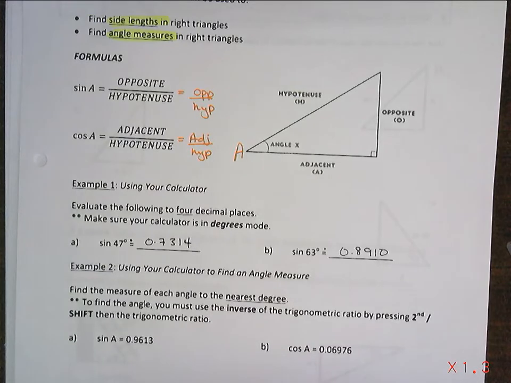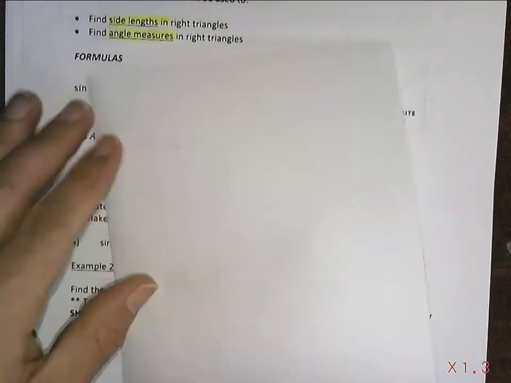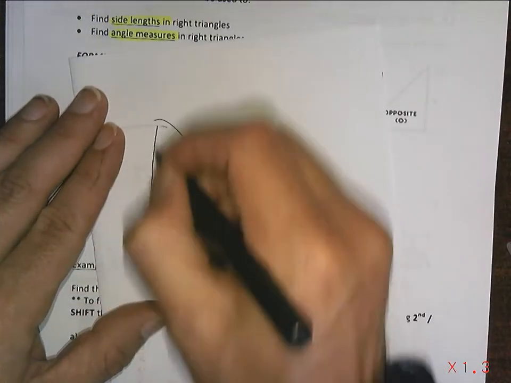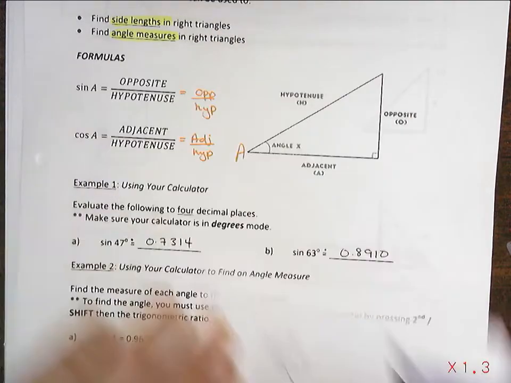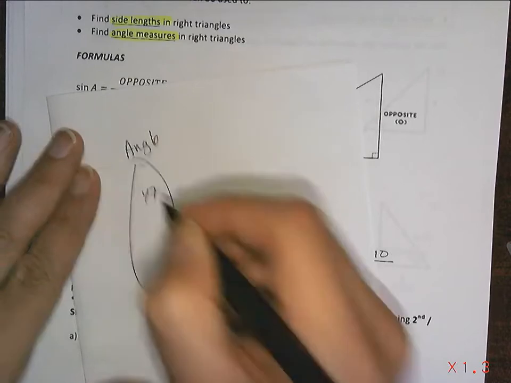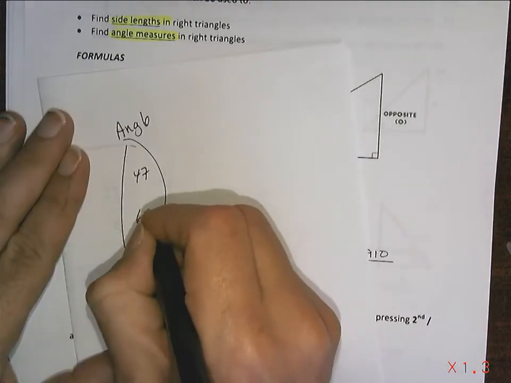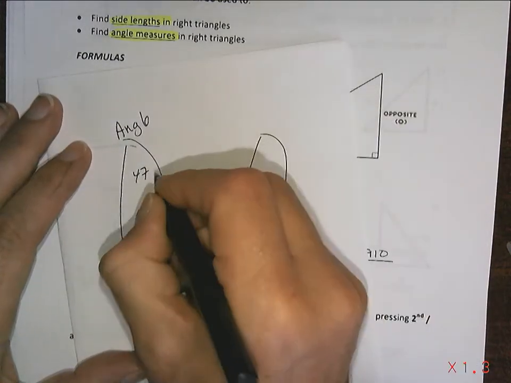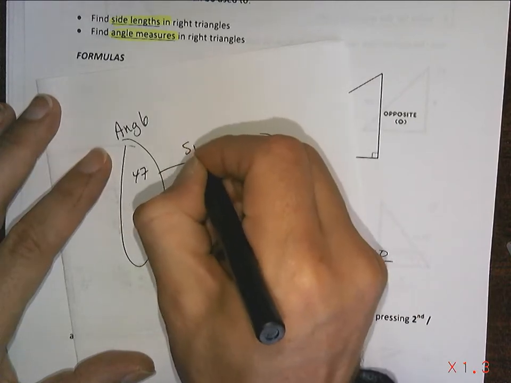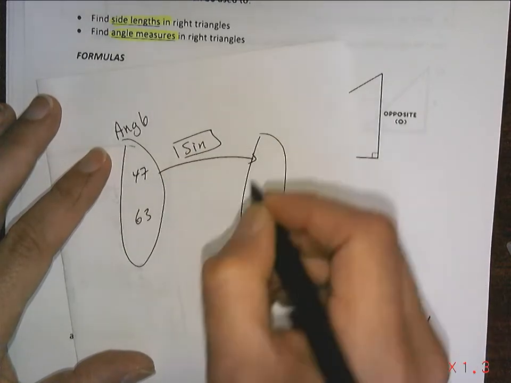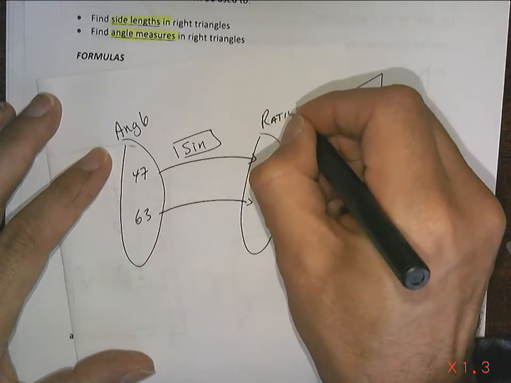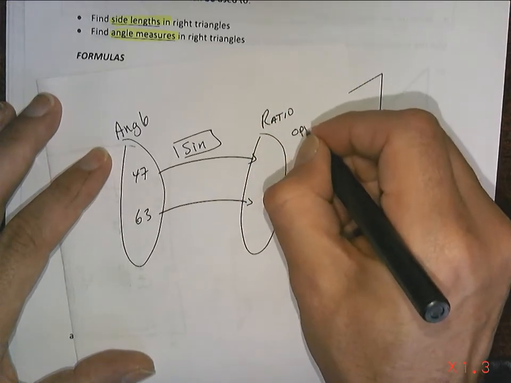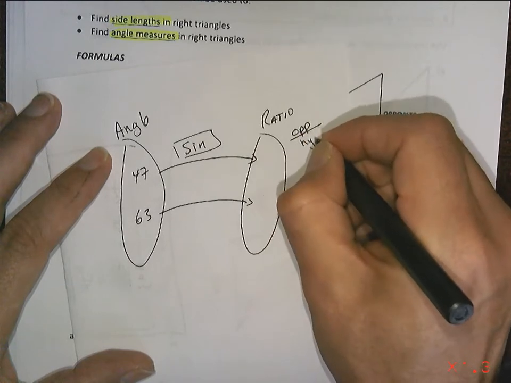Now, let's talk about what we have just found. You've taken an angle, in this case, it was 47 and 63. You put it through a function called the sine function. And what that did was it changed it to a ratio. The ratio is the opposite side divided by the hypotenuse.